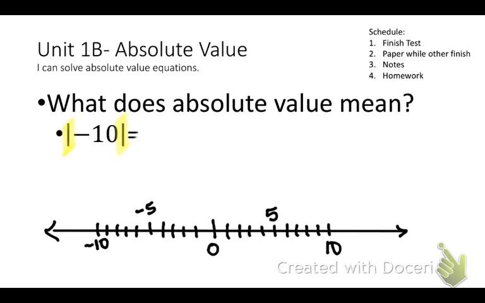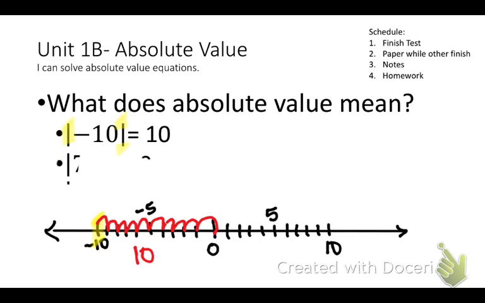When I look at this number on my number line, that's negative 10, and I'm contemplating how far that is from 0. How many steps do I take? 1, 2, 3, 4, 5, 6, 7, 8, 9, 10 steps. There's 10 steps to go from negative 10 to 0. So the absolute value of negative 10 is exactly that, just 10.